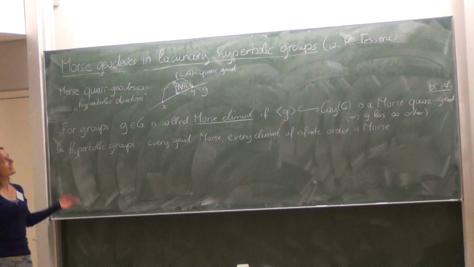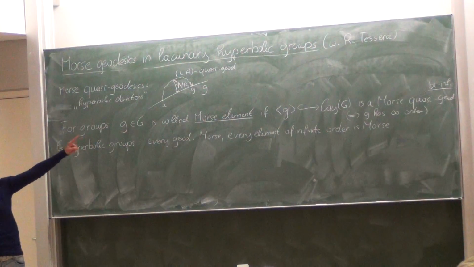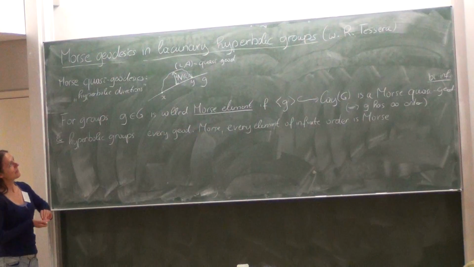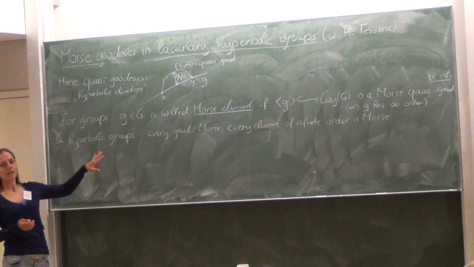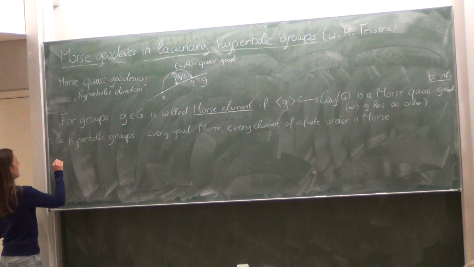And as the title says, Romain and I, so this is joint work with Romain Tessera, I've written it down, but I haven't said it. We looked for those Morse geodesics in lacunary hyperbolic groups. It's a nice, fun thing to do, but why particularly in lacunary hyperbolic groups? So for this, I'm going to start by just saying what type of group we can find there, and then define what lacunary hyperbolic groups are.